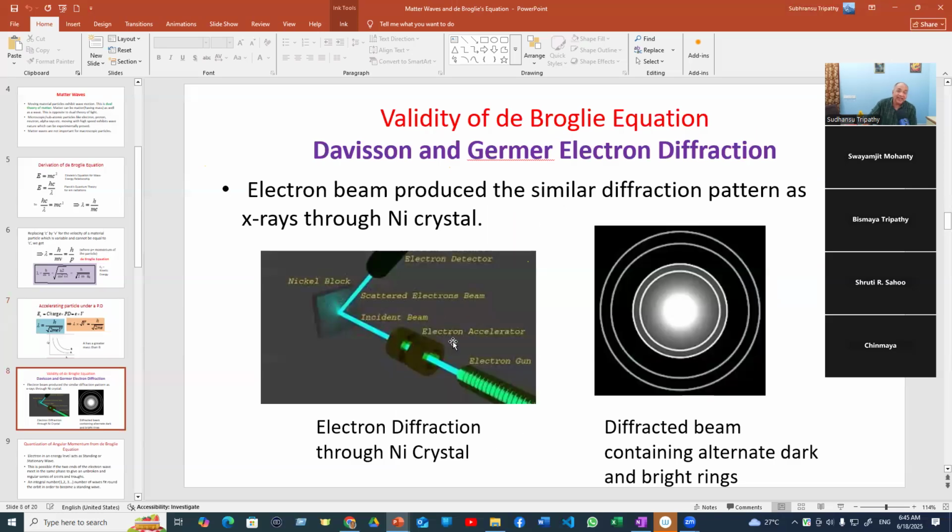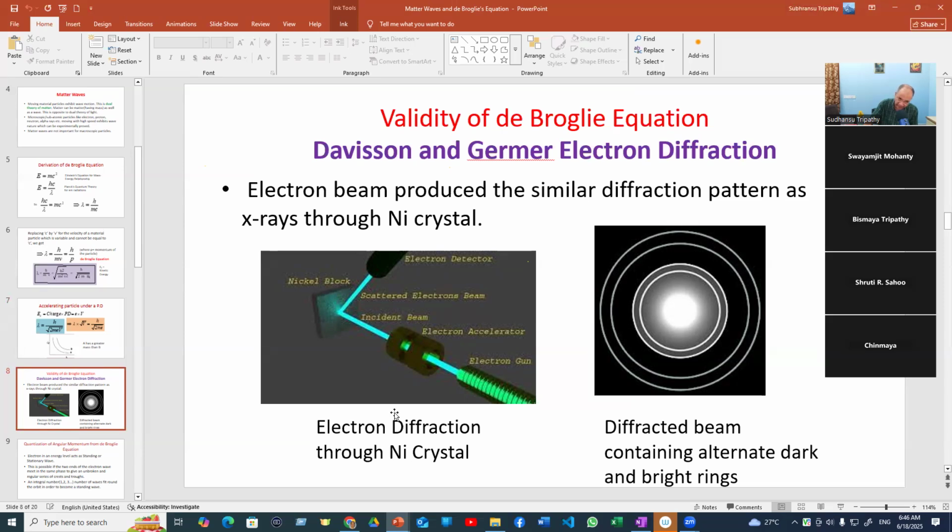And this is the famous X-ray diffraction experiment which was found to be exactly mimicked by electron diffraction. Here an electron beam is taken, from an electron gun of a cathode ray tube, a high speed electron beam is striking a nickel crystal.